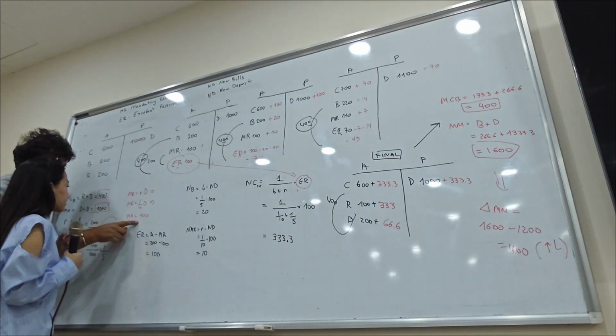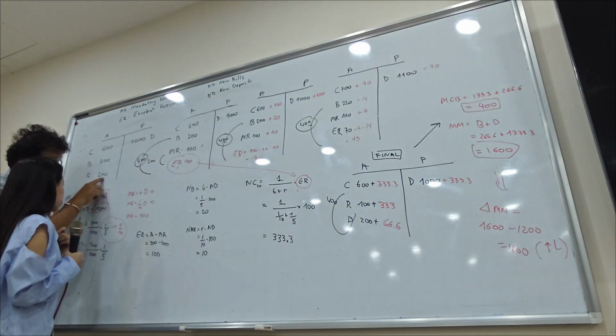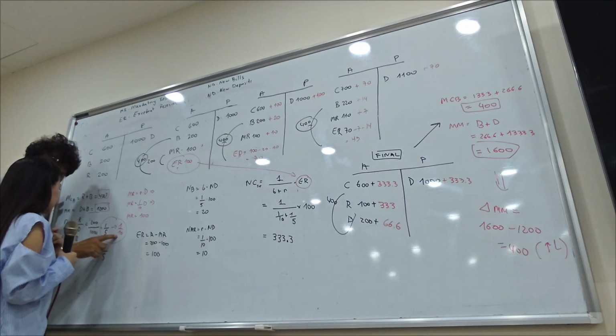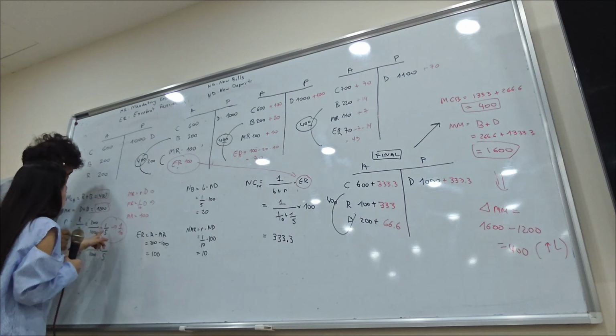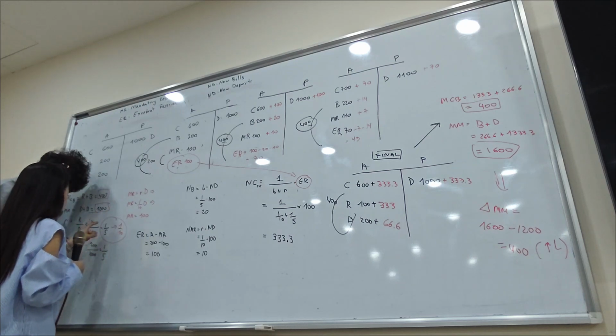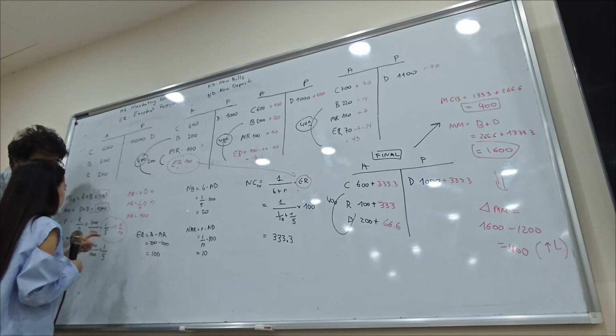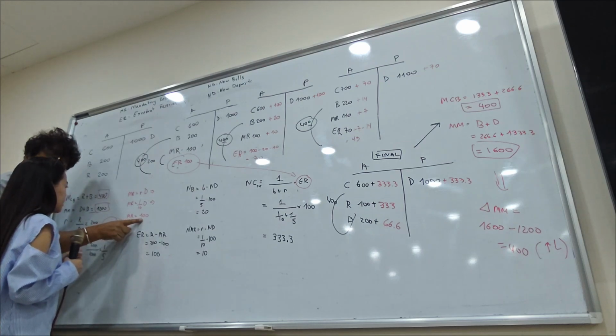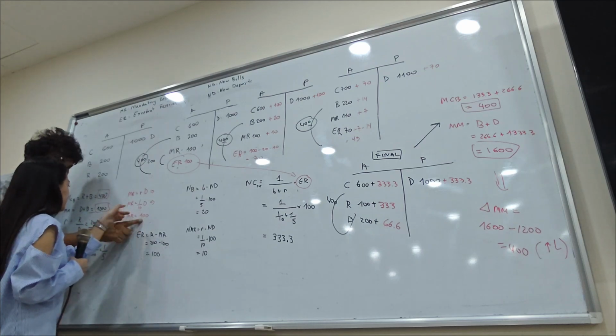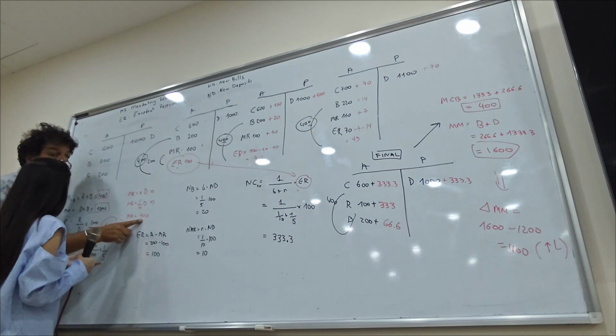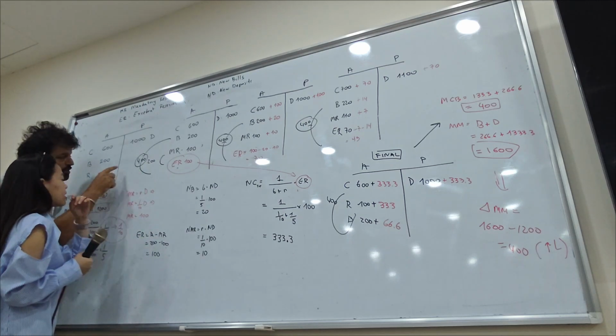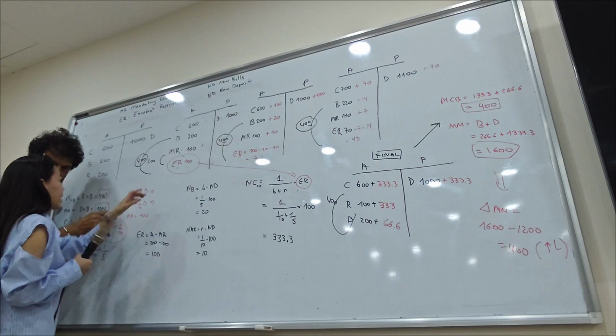What you have here is the new mandatory reserves. You have 200, you go for 150, 110. So now we only need 100 as reserves. I have 200, but I only need 100.